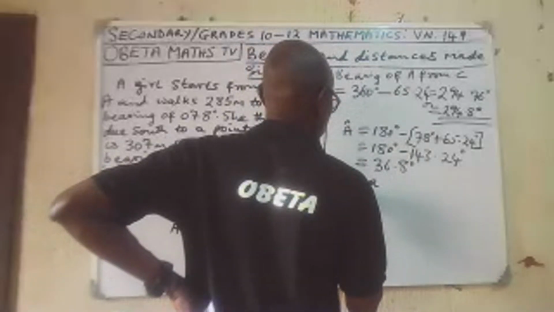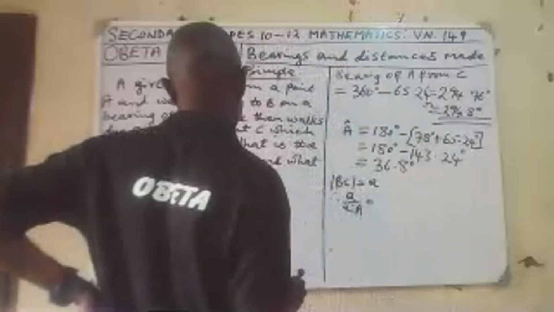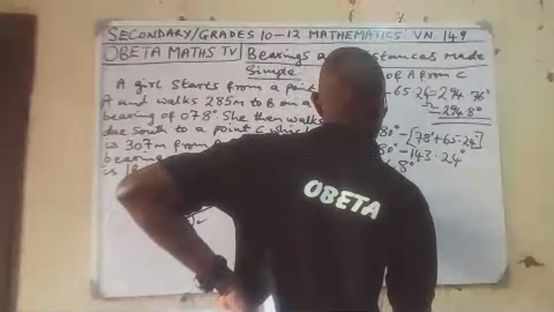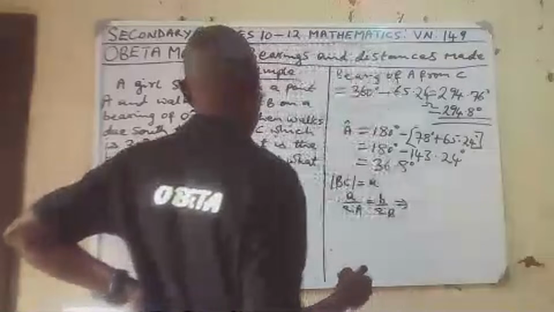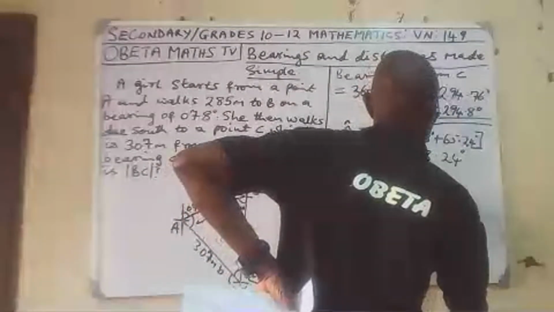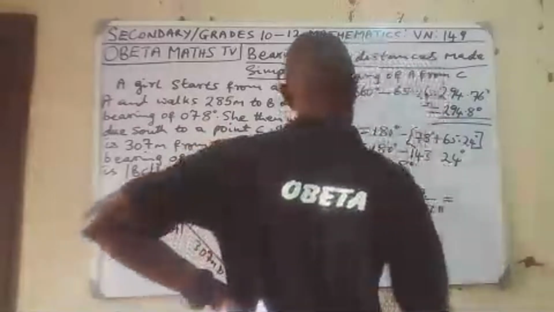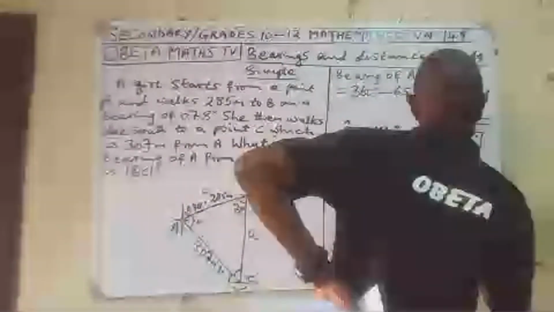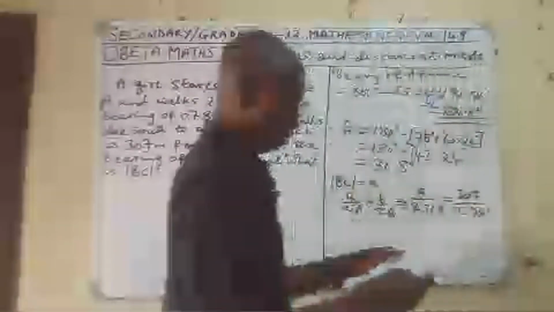Therefore, a over sine A is equal to b over sine B. And that will lead us to a over sine 36.8, which is equal to 307 all over sine 78 degrees.